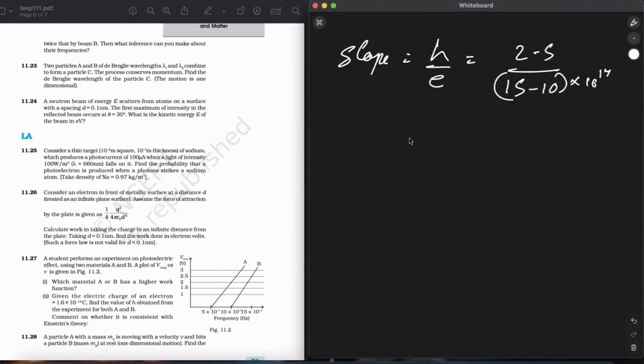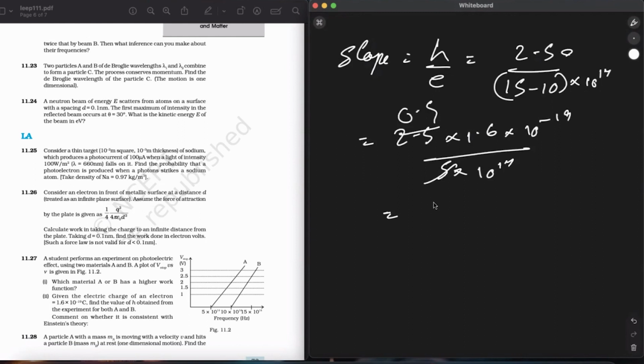So the value of h comes out to about 0.8 into 10 to the power of minus 34 joule second. So the value of h from the experiment comes out different for the two. The actual value is 6.4.